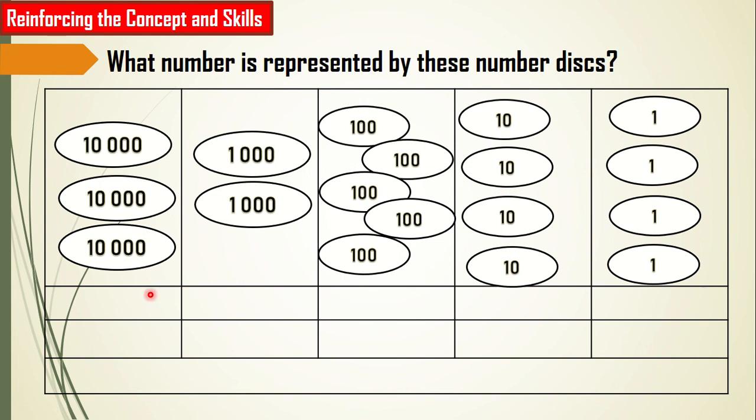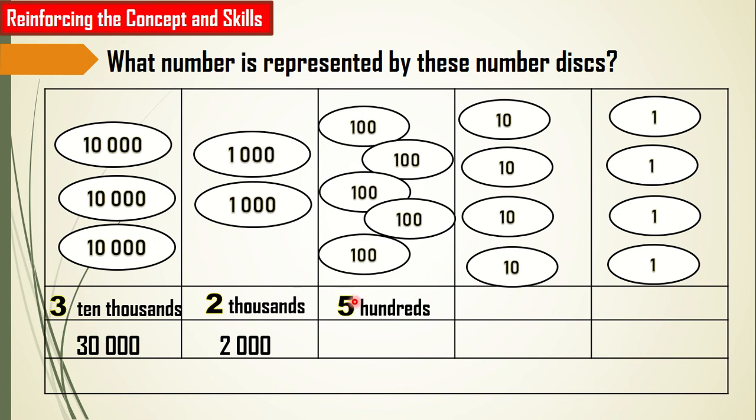Let's have the answer. We have 3 10,000s. 3 10,000s is 30,000. We have 2 1,000s. 2 1,000s is 2,000. We have 5 100 discs. 5 100 discs is 500.